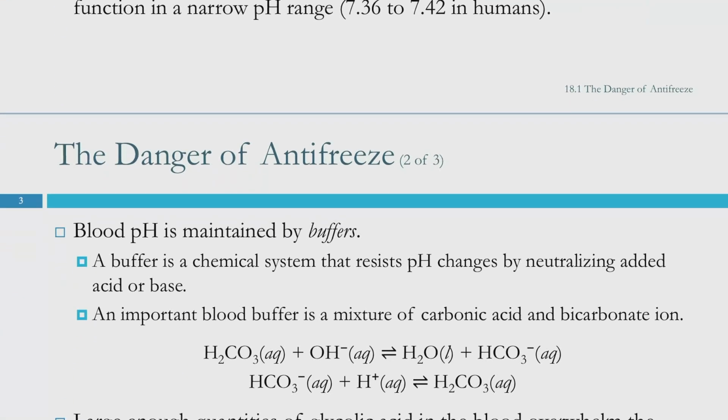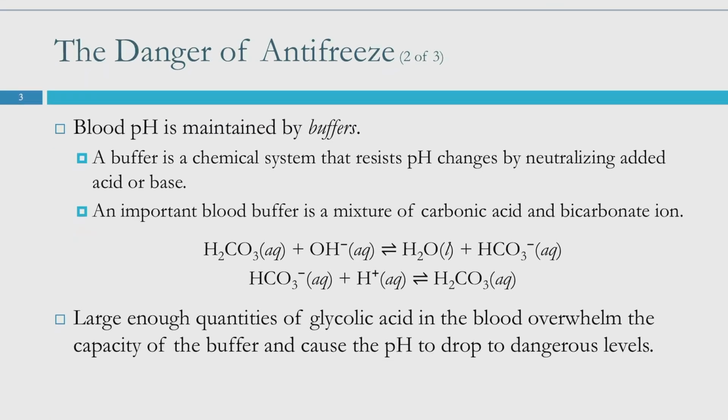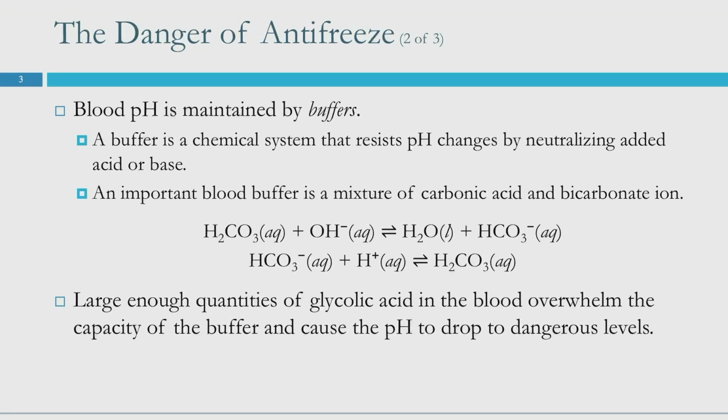And the reason that our blood can stay in that very narrow range is because of buffers. You may remember buffers from Chem 3A, hopefully Chem 3A. It should have been talked about at least a little bit. So what is a buffer? A buffer is a chemical system that resists pH changes. Buffers resist pH changes.